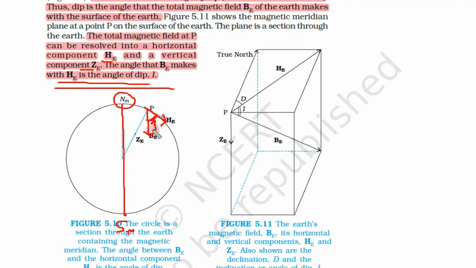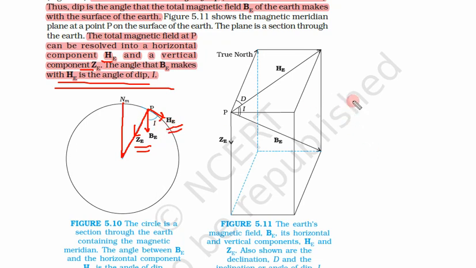This angle is called I, the angle of inclination or angle of dip. Since there is an angle, the magnetic field is in this direction, and we can break it into a horizontal component and a vertical component. The vertical component is called ZE and the horizontal component is called HE.